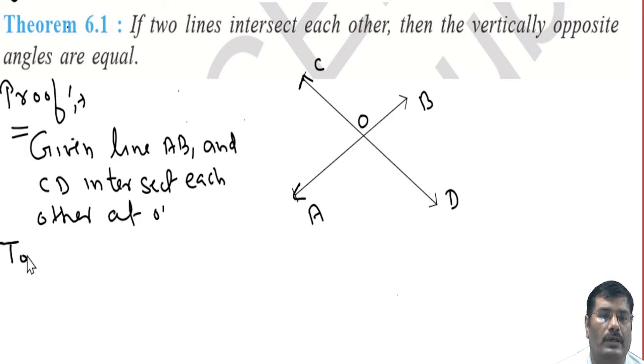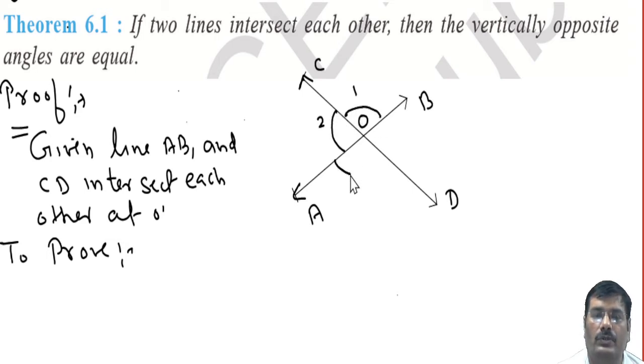To prove, what do we have to prove? Suppose this is angle 1, this one is angle 2, this one is angle 3, and this one is angle 4. To prove angle 1 is equal to angle 3 and angle 2 is equal to angle 4.